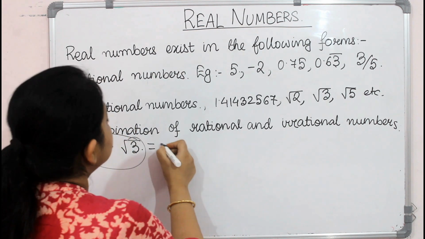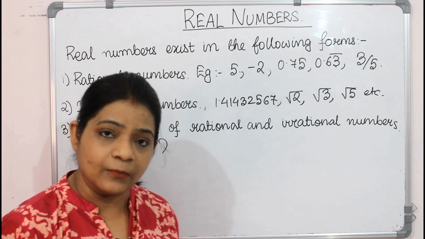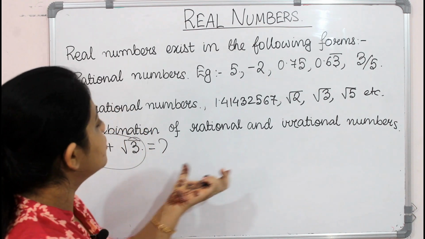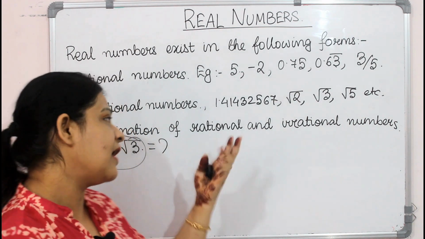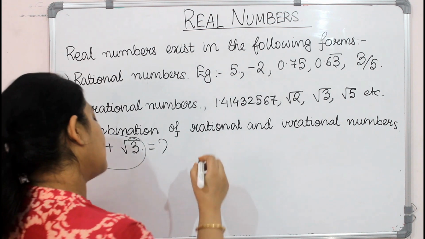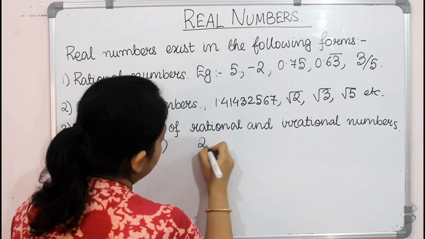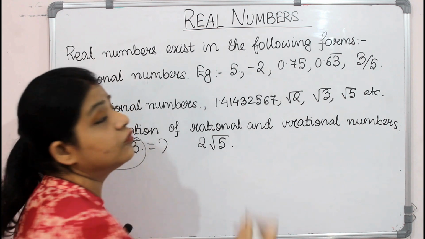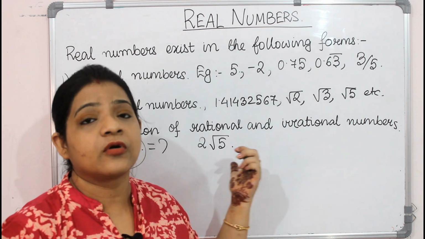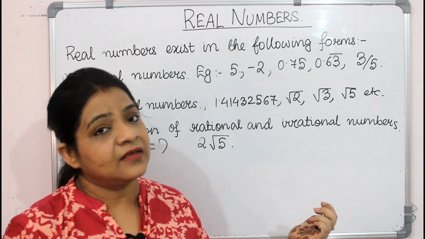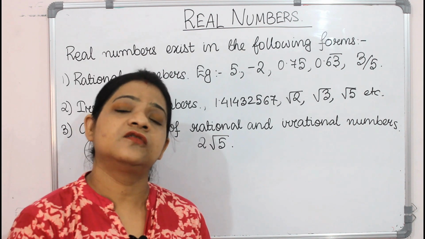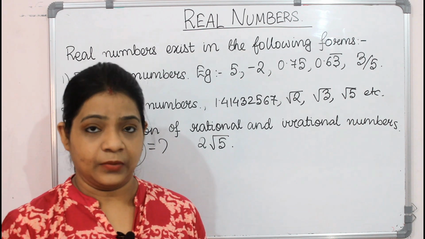The irrational number is a real number, so it can be a combination of rational and irrational numbers. Another example is 2 root 5, that is 2 into root 5, which is a product of a rational and an irrational number. So this is also a real number.